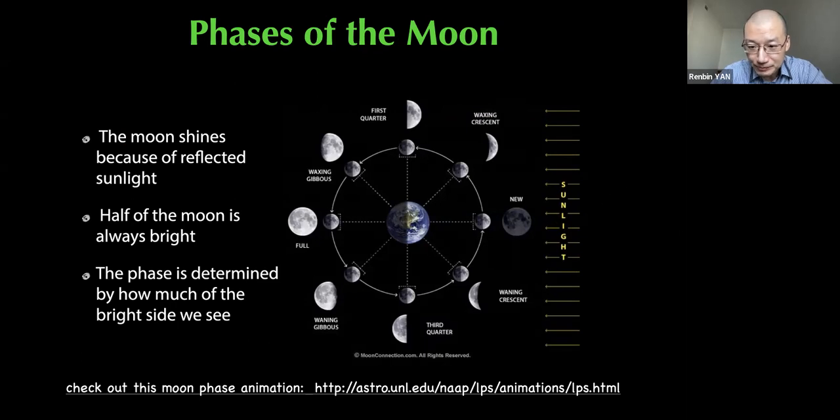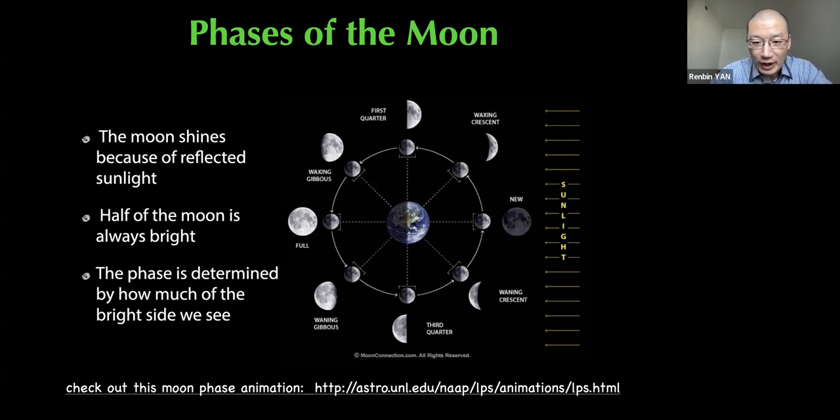The sun is actually very far away from us, much further from Earth than the moon is. The moon goes around the Earth, and the Earth goes around the sun on a much larger circle. So we can just think of the sun shining towards us from a distance, as a beam of light that is parallel.